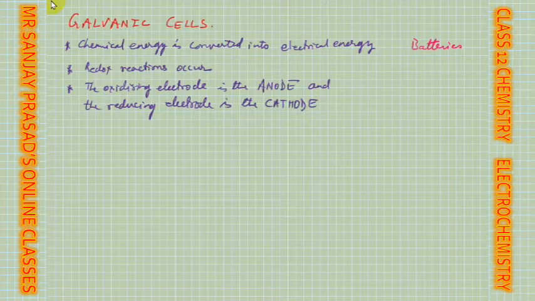So anode and cathode, these are the two ends where oxidation and reduction are taking place. For this, we need two electrodes. One is the anode and one is the cathode.